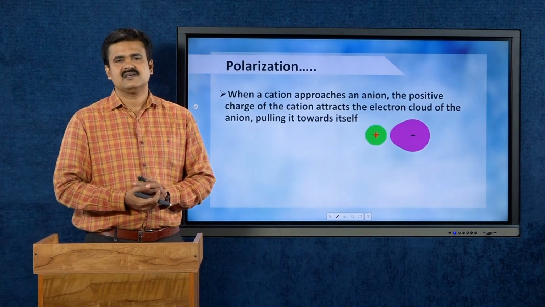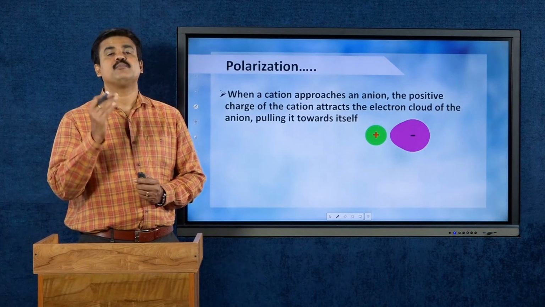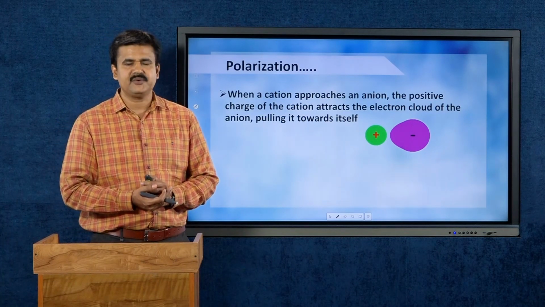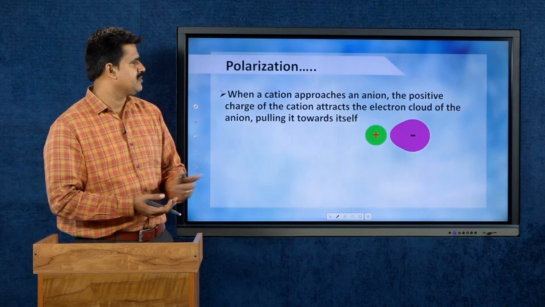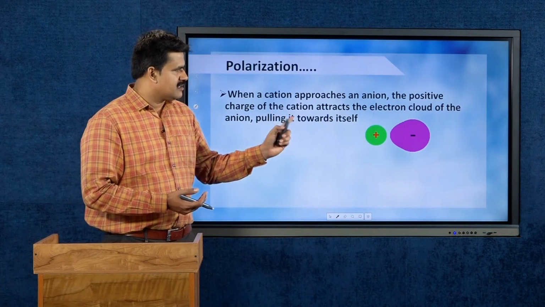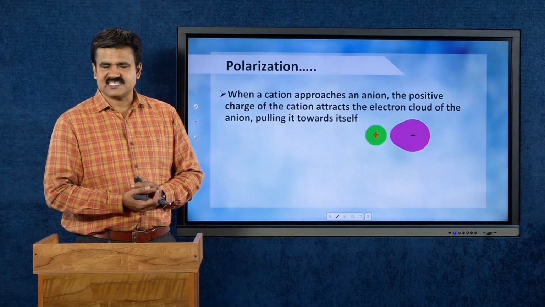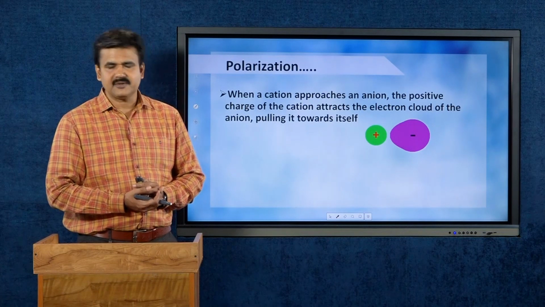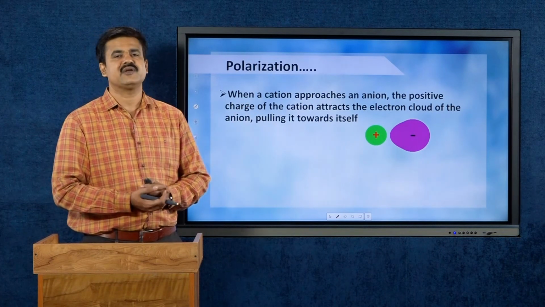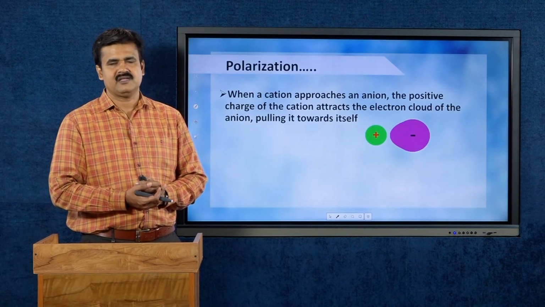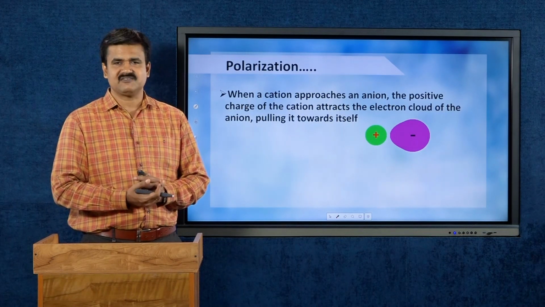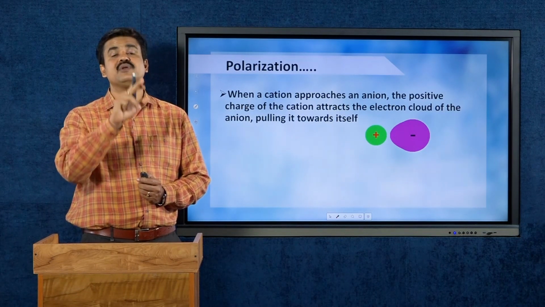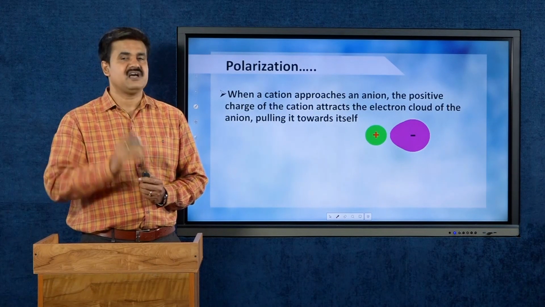This picture more clearly depicts the polarization of an anion in the presence of a cation. This green colored body represents the cation or positive charge ion, and the magenta colored body represents that of anion. In the absence of the positive ion, the electron cloud is uniformly distributed around the anion.